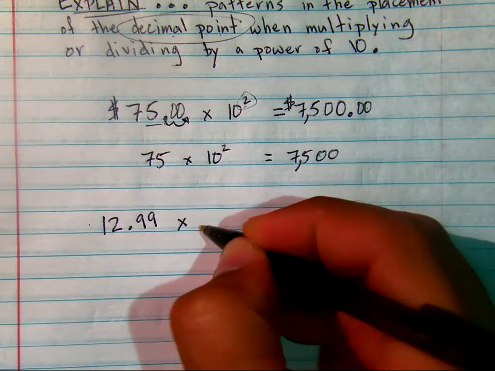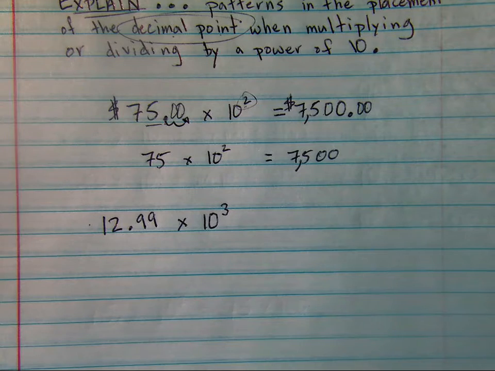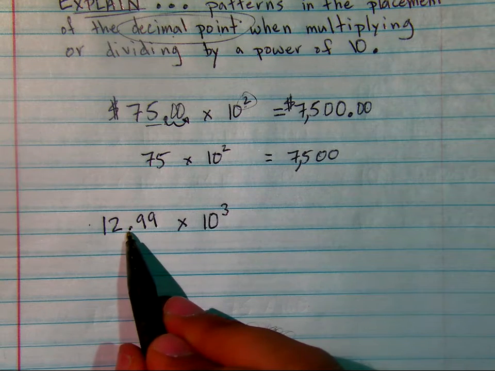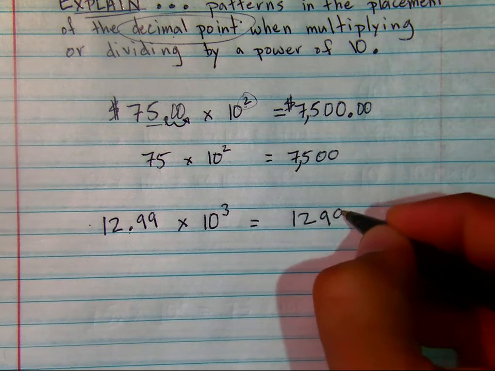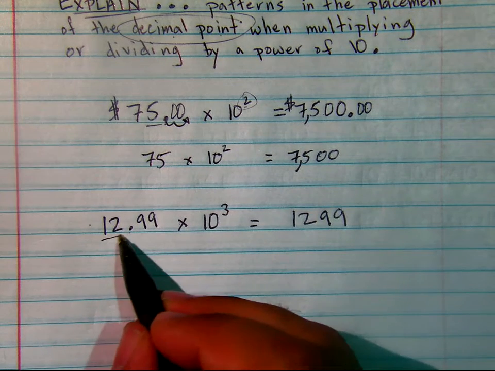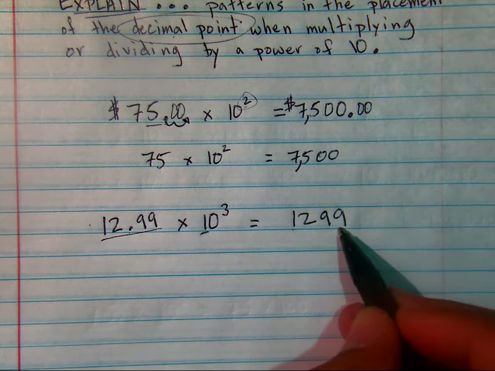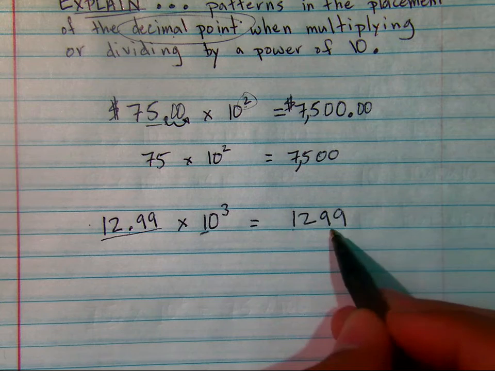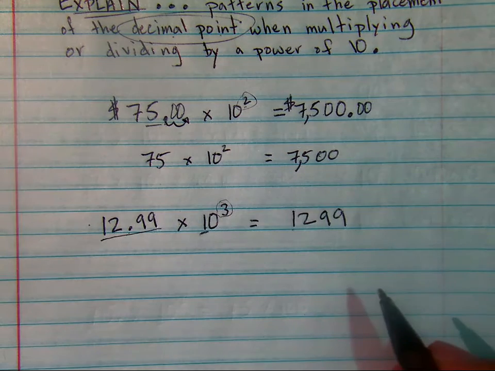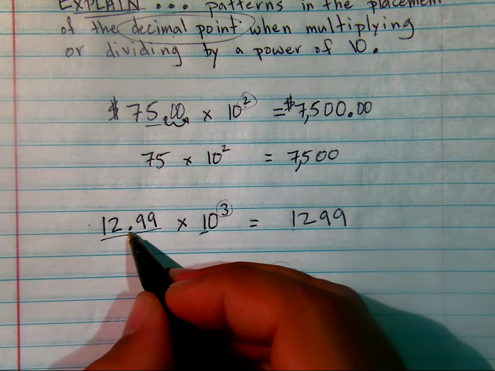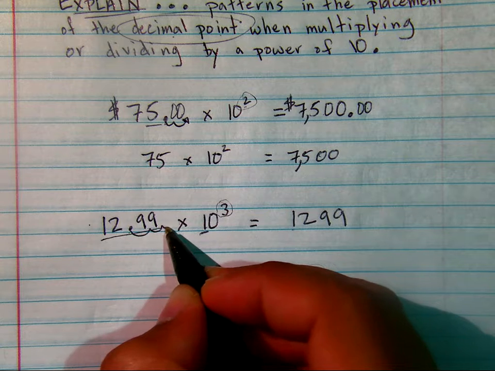If I multiply that times 10 to the power of 3, well, we knowingly are going to multiply that times 1, and we're going to get the same digits. But where we thought we were supposed to add 3 zeros, because that's the pattern, we're actually just moving that decimal 3 places.